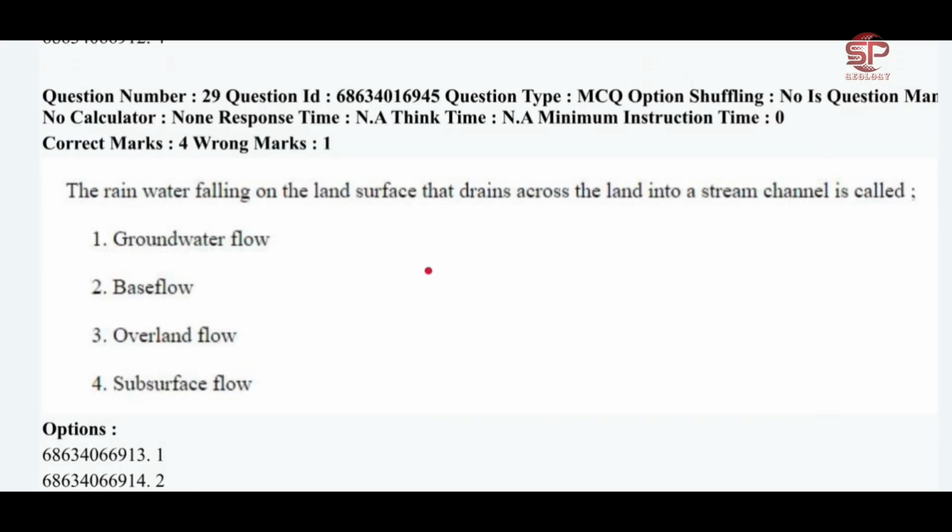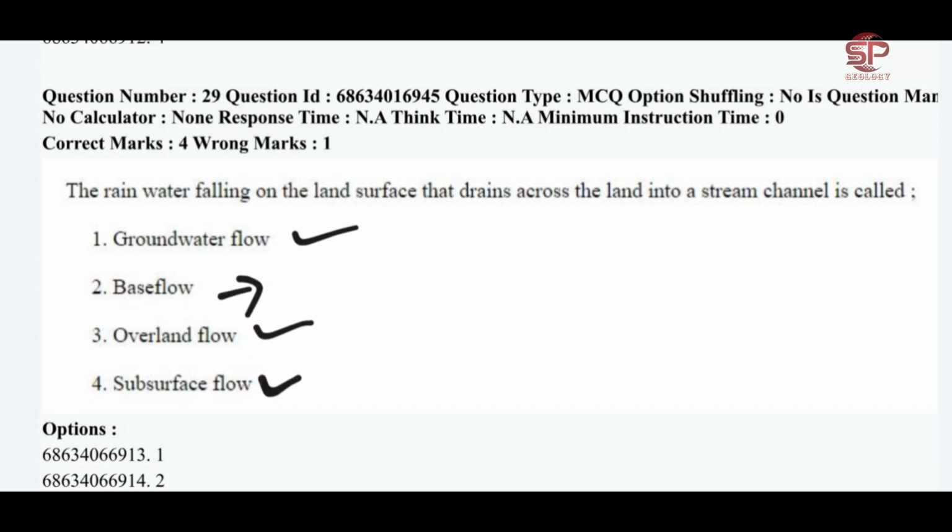The rainwater falling on the land surface that drains across the land into a stream or channel is simple. It is overland flow, the surface runoff. Then groundwater flow is the flow of water below the surface, similar to subsurface flow.